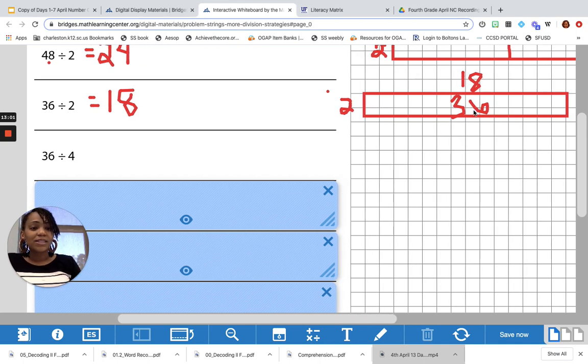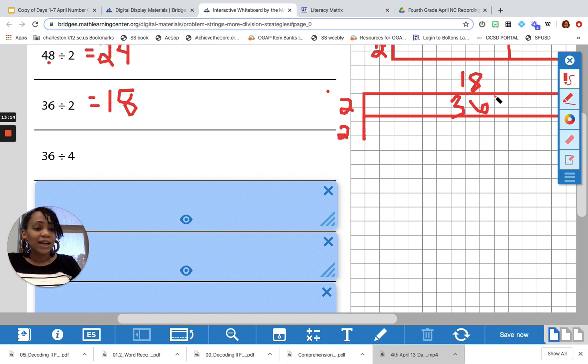So I still have 36, but instead of having 2 here, I have 4, which means I essentially have to cut this in half and move it down here. So what does that mean is happening to my quotient?